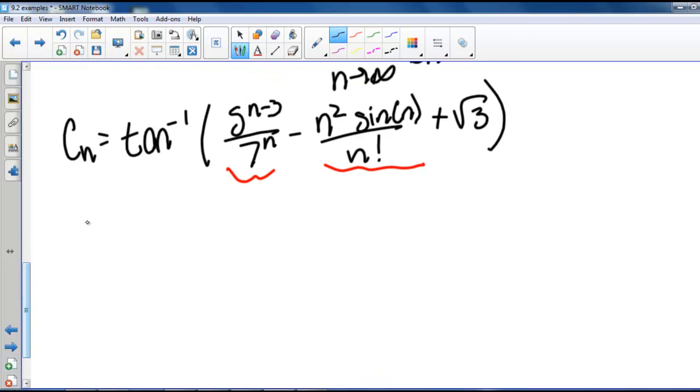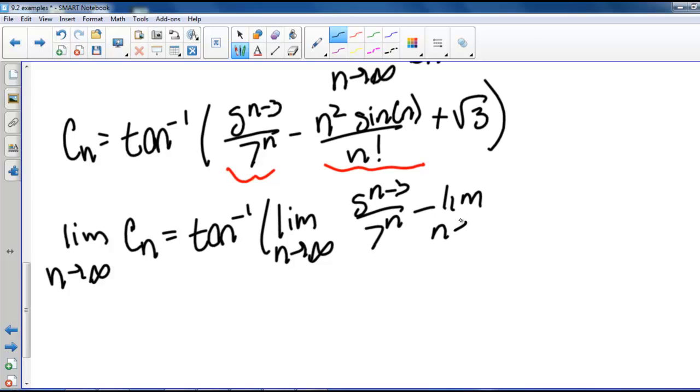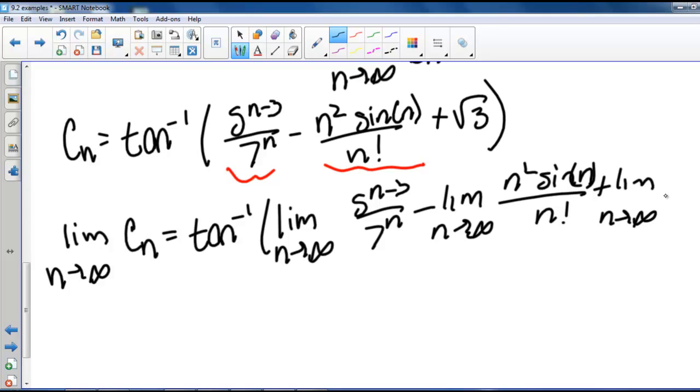We have the limit as n goes to infinity of c sub n equals the inverse tangent of the limit as n goes to infinity of 5 to the n minus 3 over 7 to the n, minus the limit as n goes to infinity of n squared sine of n over n factorial, plus the limit as n goes to infinity of square root of 3.